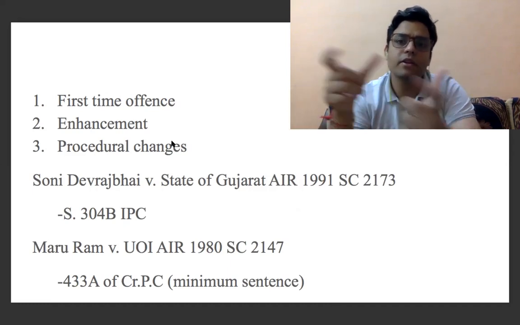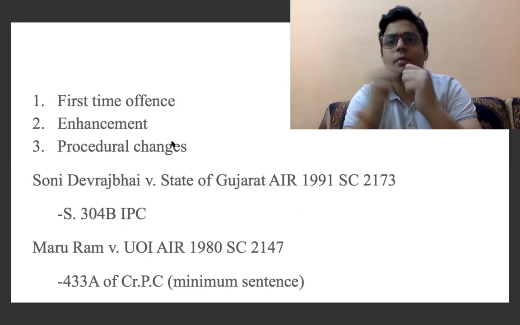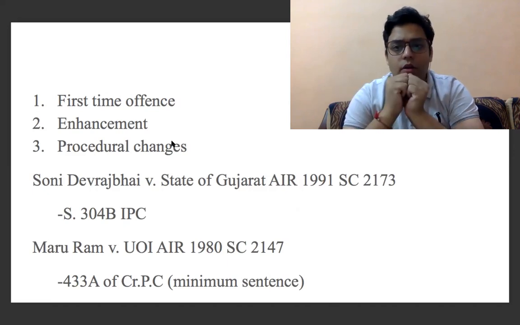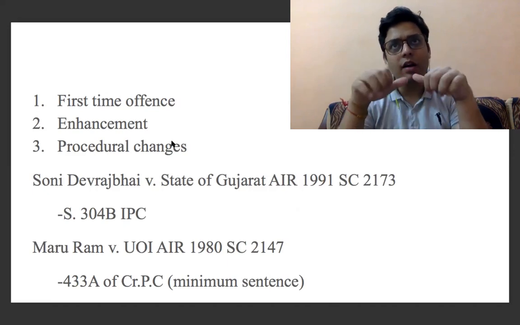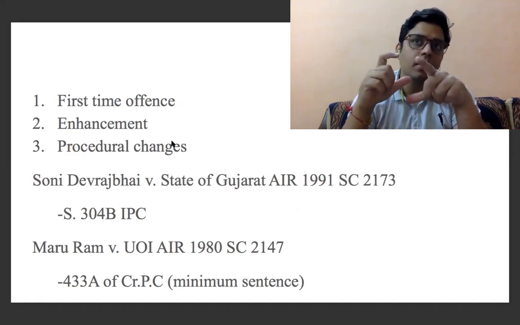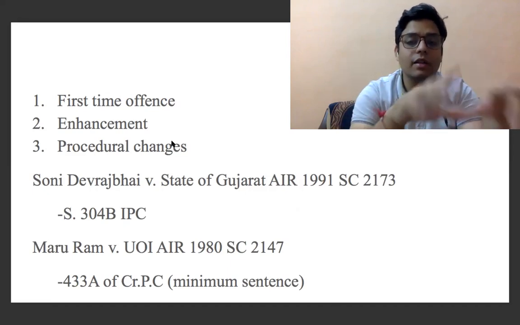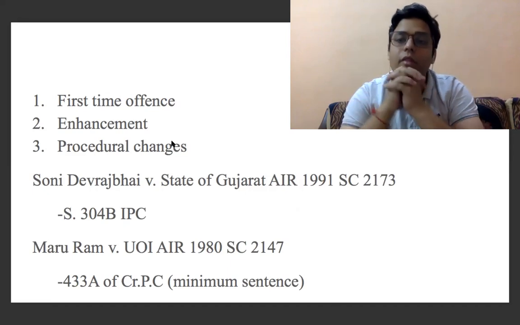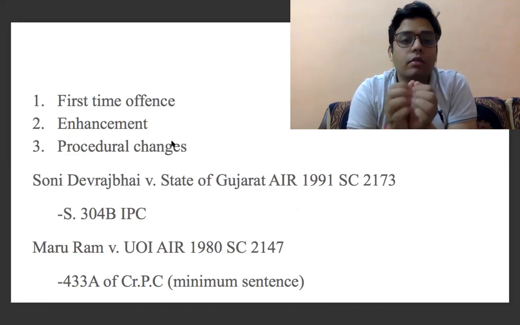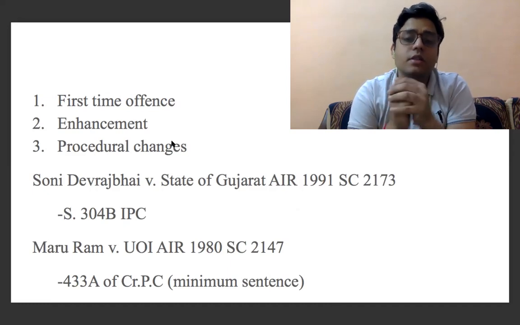Just say a special court was made, or some other changes in the procedural aspects were made to that law. So, does Article 20 also cover this situation? Does Article 20 imply that the procedure which was existing on 1st of April will be applicable only? So the essential question is, does Article 20 also prohibit the application of procedural changes?